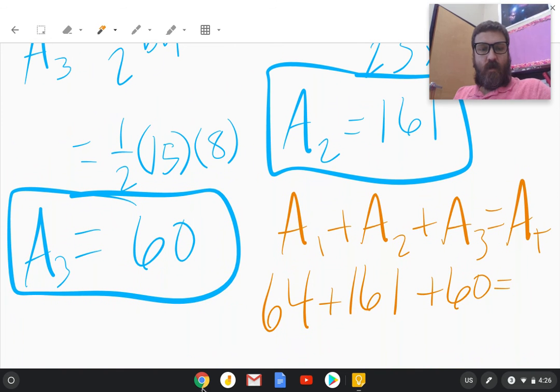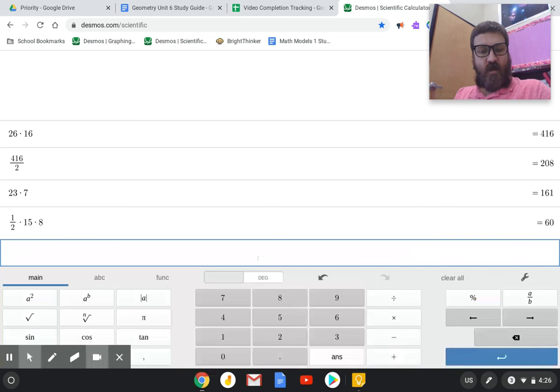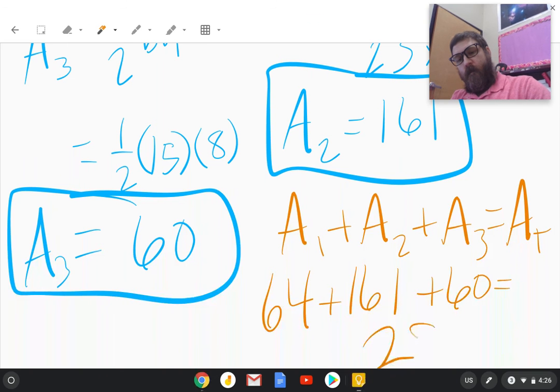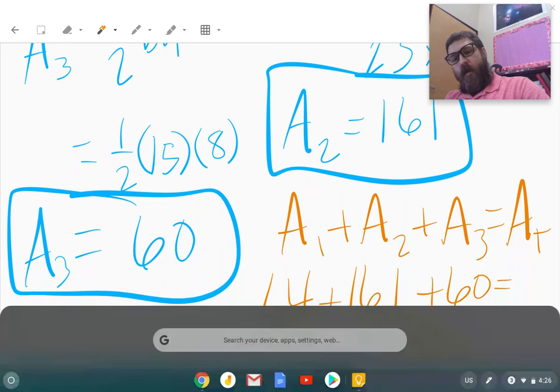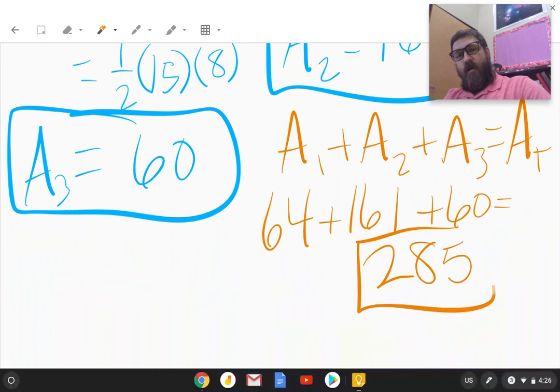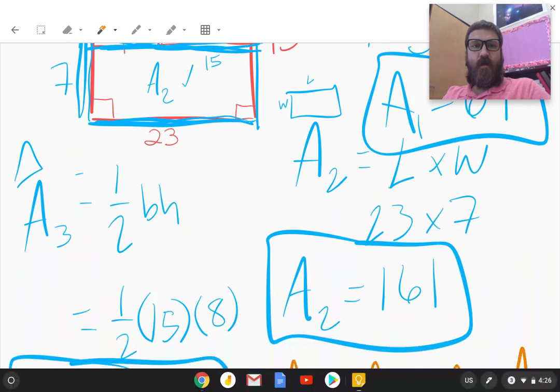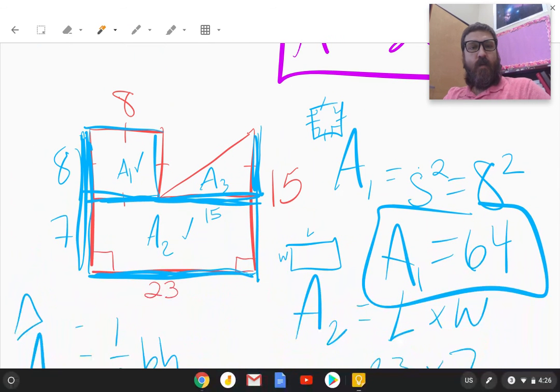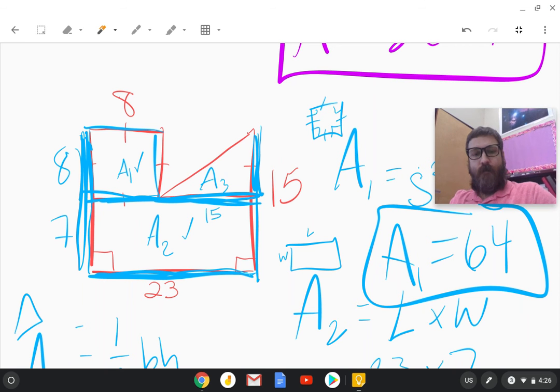Add those up, 64 plus 161 plus 60, and we get 285. And that would be the area of the entire figure. So what I'm telling you is when you have a composite figure, break it up into smaller parts, find the area of each one, and then add them together to find the total area.